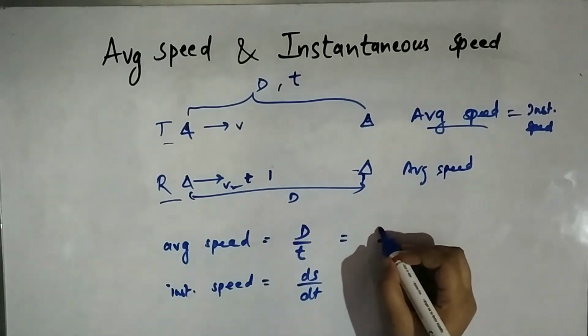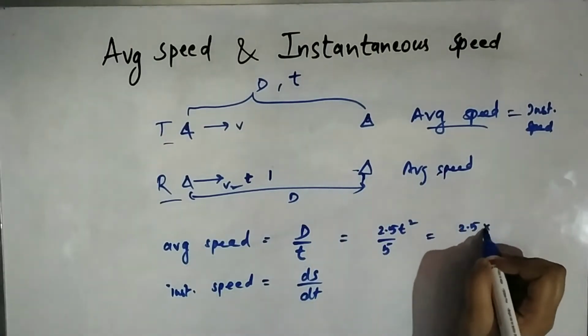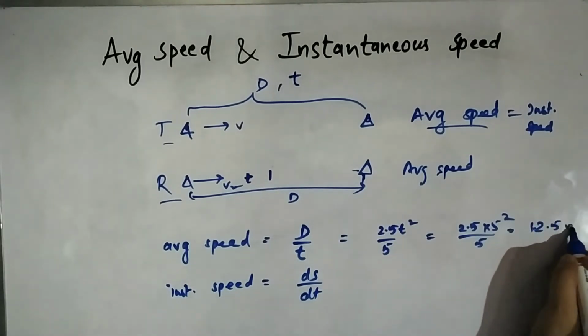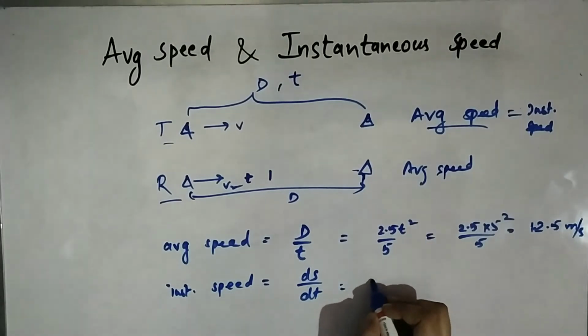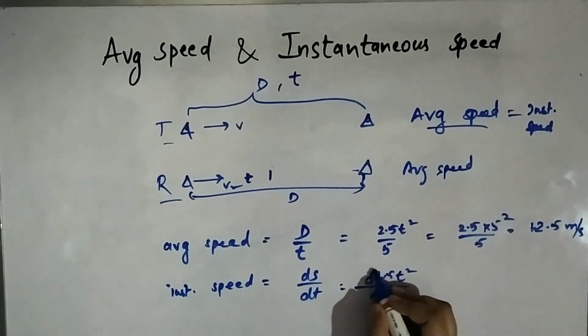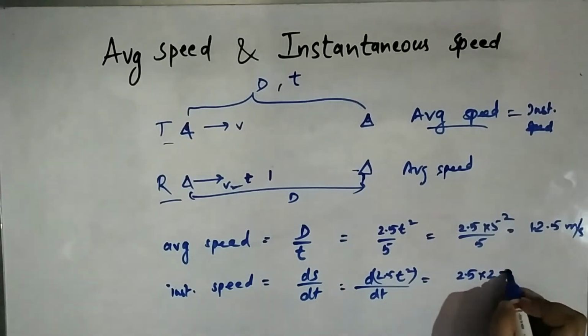The distance was 2.5 t square, so the average speed is 2.5 t square over t, which will be 12.5 meters per second. While for the instantaneous speed, we have to differentiate it with respect to time, which will be 2.5 into 2t.